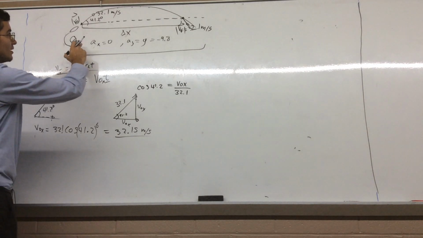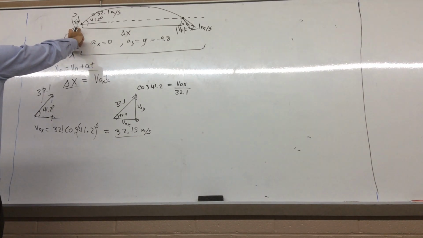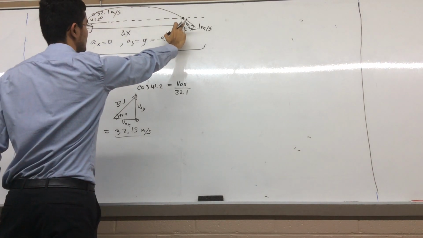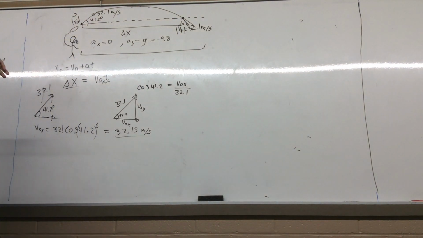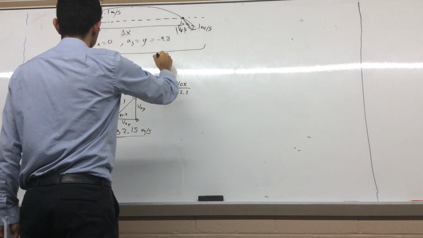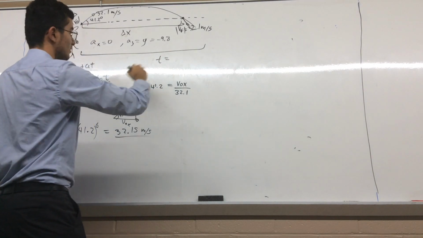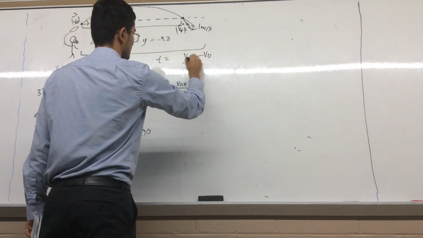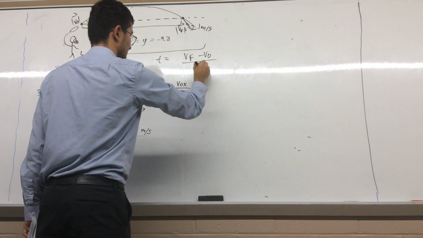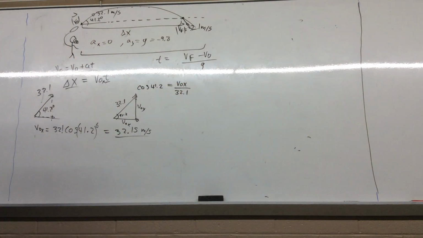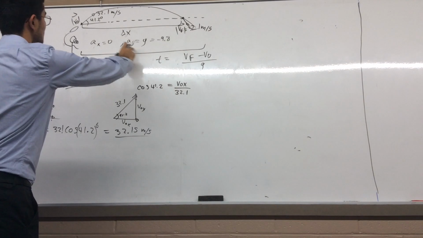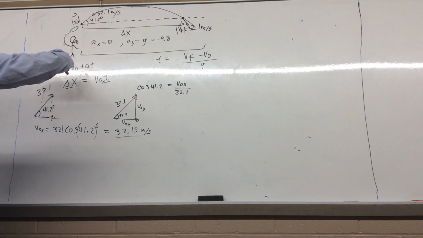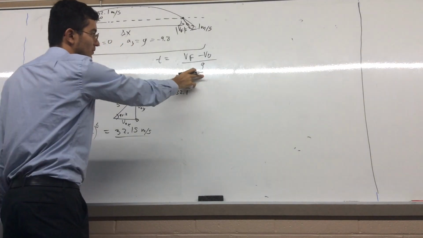We already know the initial velocity, right? And we already know the final velocity. Okay, so let's use that. So we're going to find t. t is equal to v final minus v0 divided by g, right? We're trying to do this in what dimension?